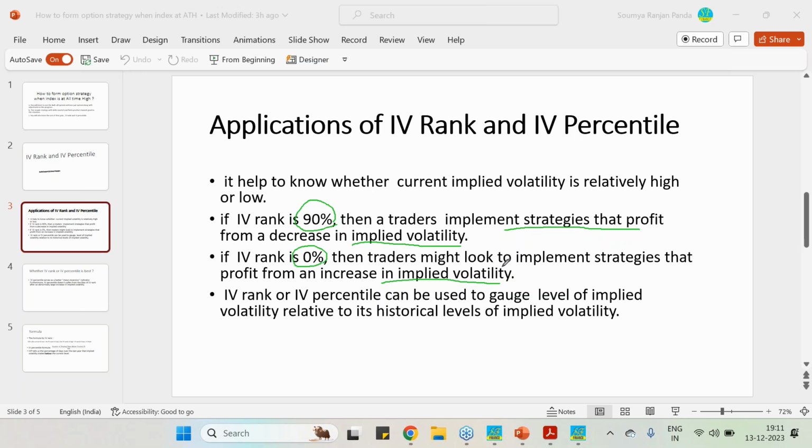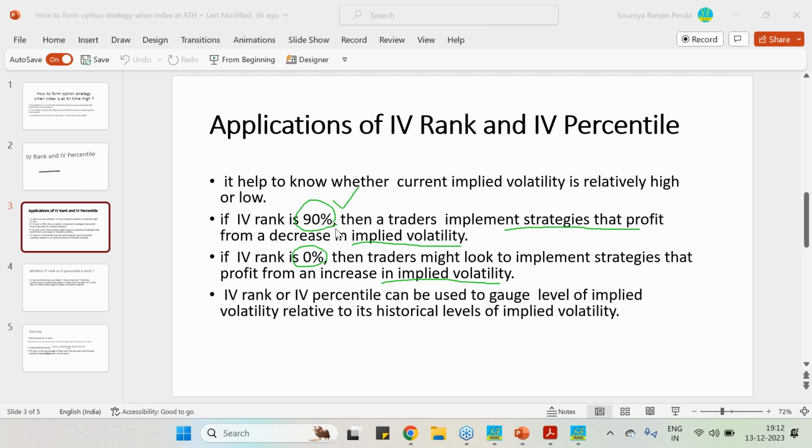So that is what IV rank and IV percentile say, from 0 to 90% you can compute. That is the importance of this IV rank and IV percentile, and it is very important. We should know when to buy, because at 90% I will not be buying any option. From 0 to 90% I can think of buying based on how close it is to 90%.